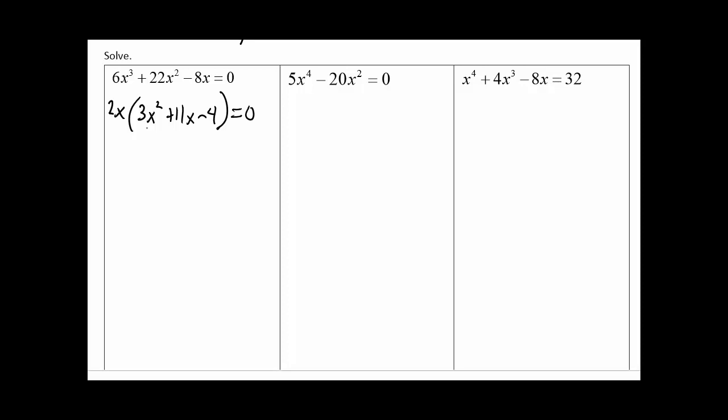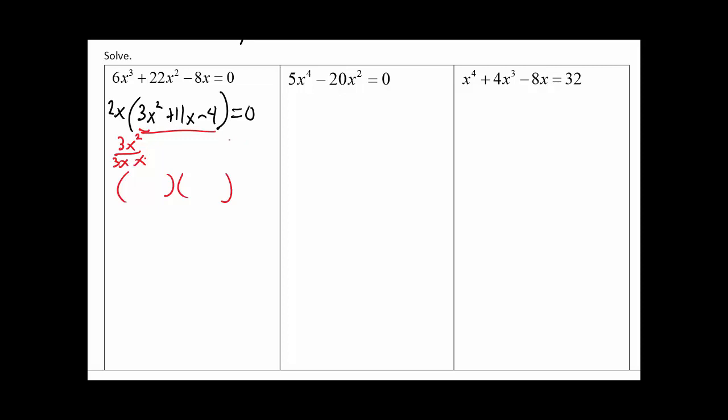Okay, so then I want to focus on that expression. I know there's already a 2x out there, but looking at the 3x squared plus 11x minus 4, I'm trying to break it up into something like that. I want to look at the 3, and what multiplies to give me a 3x squared? Well, that's 3 and 1, so it's either 3x and x, or it's x and 3x, but that's pretty much it.